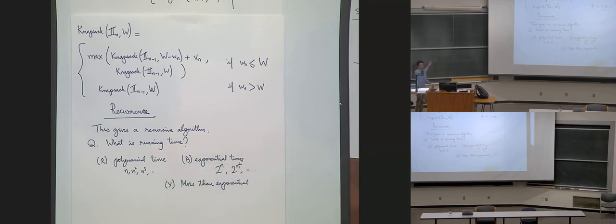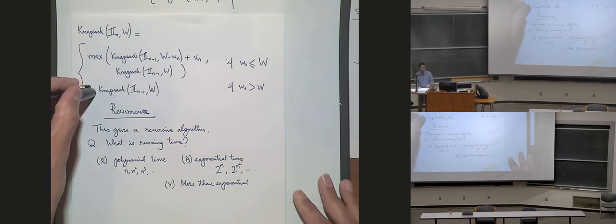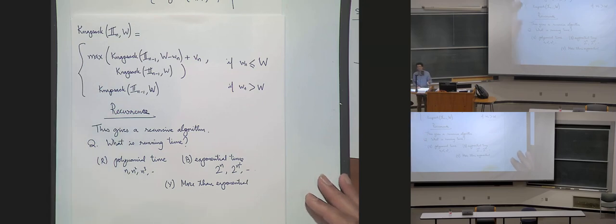Anything like 2 to some polynomial in n. Let's keep it easy. So what is the running time of this procedure? I just told you what the procedure is. Okay, now there's a lot more disagreement. Some say it's polynomial, some say it's exponential. So why? Does anyone have any reasoning for their answer?